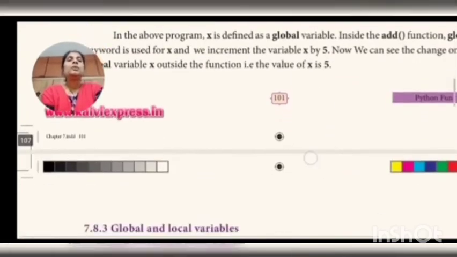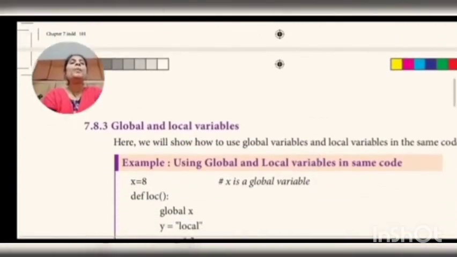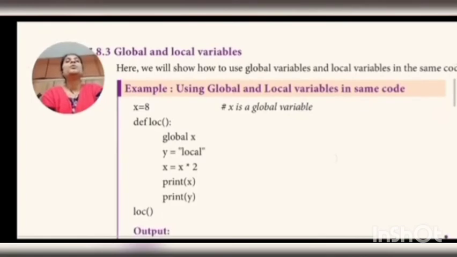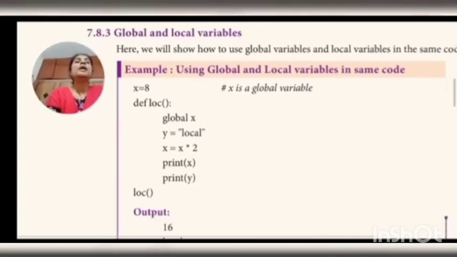Now, global and local variables, that is, using both variables in the same code. x equal to 8, so x is a global variable. We have this function called loc, with the statement global x, because we are going to modify it.